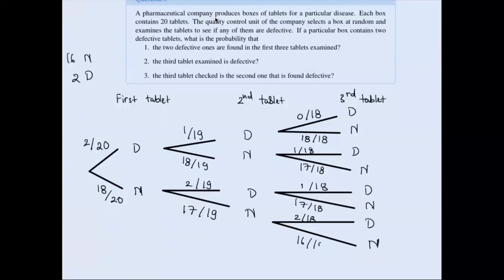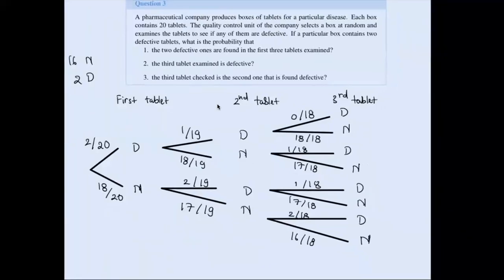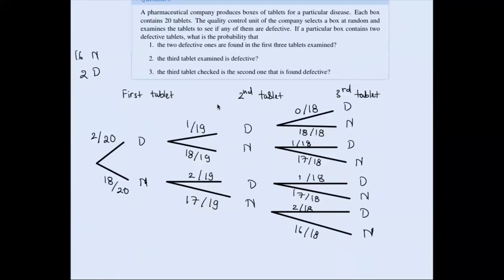Any question about the tree diagram? If there is no question, we will start to answer 1, 2, and 3. Let's start with 1. We want to know the probability that 2 defectives are found in the first 3 tablets examined.